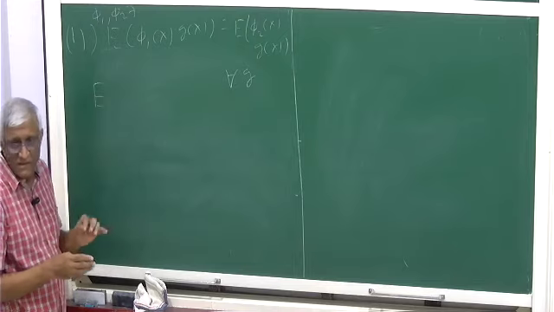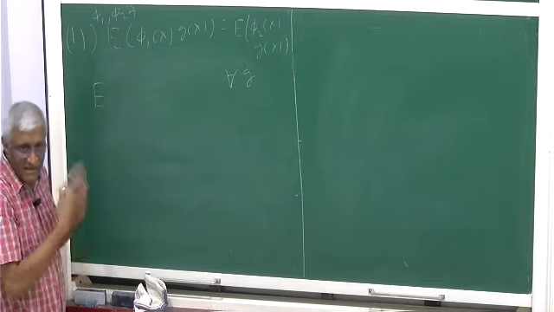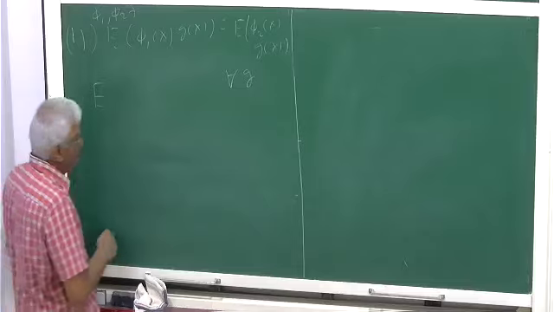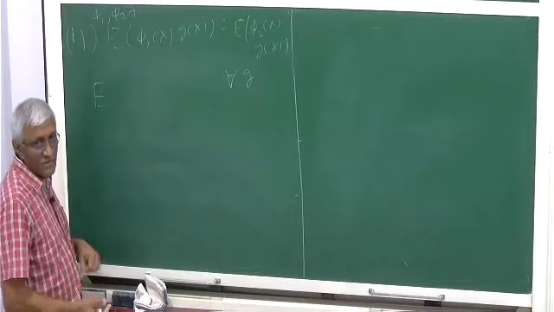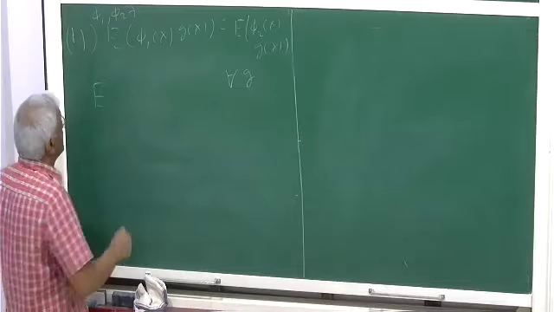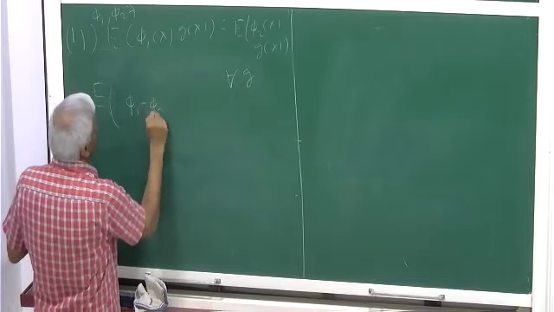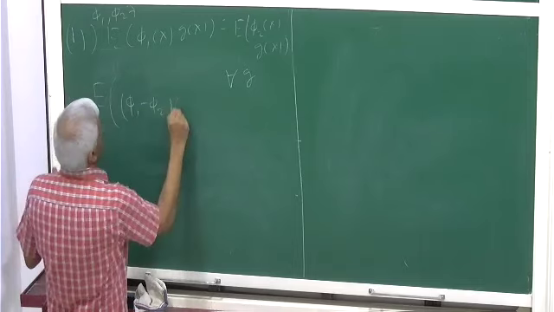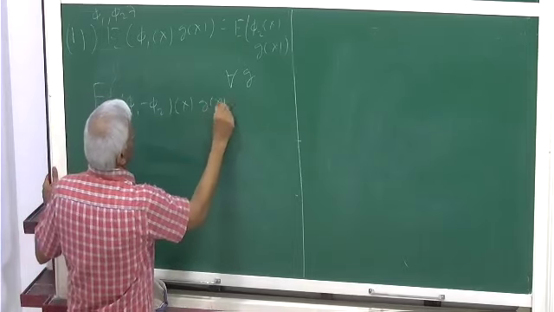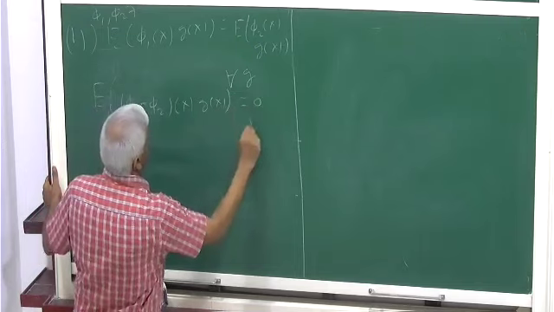Everything is continuous here. We are discrete where everything is continuous. Whatever property you use, there is no differentiability. So this is just E of phi1 minus phi2 of x times g of x equals 0 for all g.